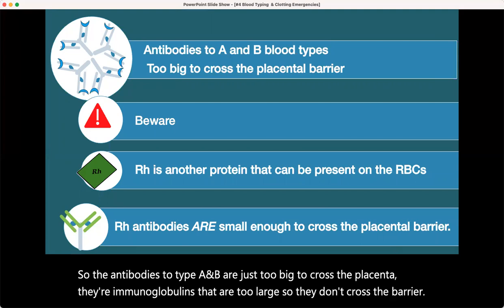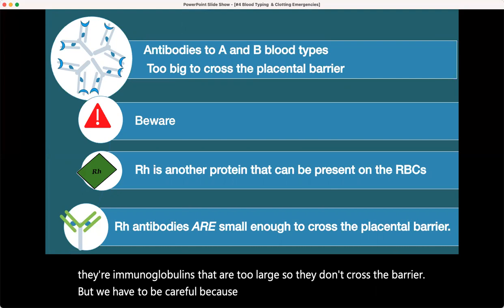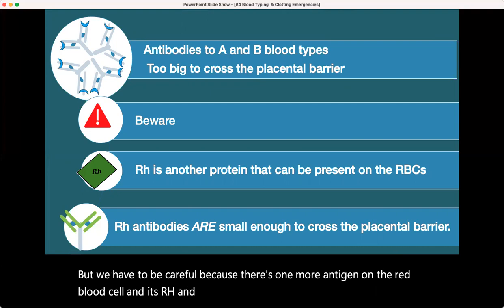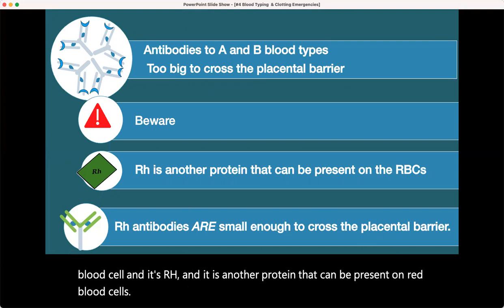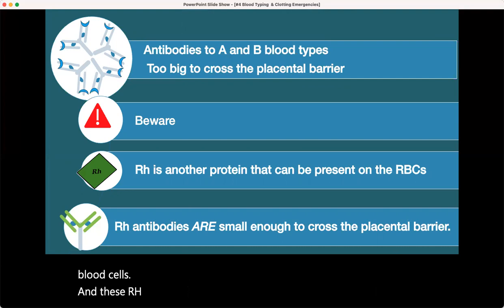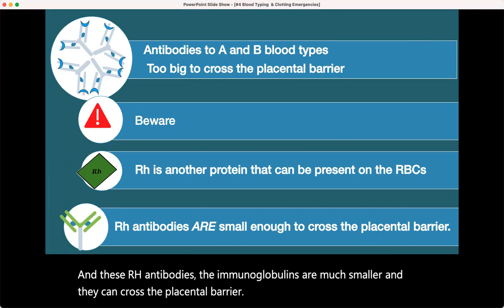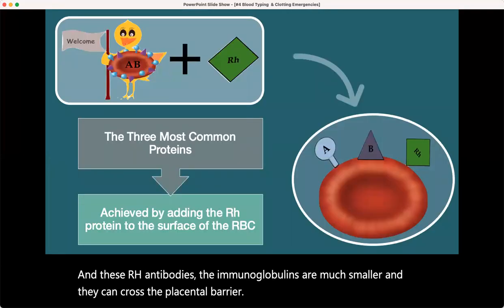But we have to be careful because there's one more antigen on the red blood cell, and it's Rh. It is another protein that can be present on red blood cells. And these Rh antibodies, the immunoglobulins, are much smaller, and they can cross the placental barrier. So now we've got three proteins.